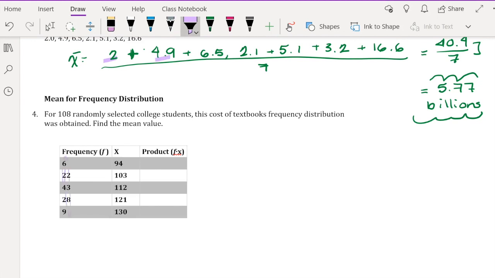Here we have how many times that value showed up and what the value is. So in other words, the value of 94, we saw it in our distribution 6 times. The value of 103, we saw it in our distribution 22 times. So the formula for this, which I did not put here, would look like this.